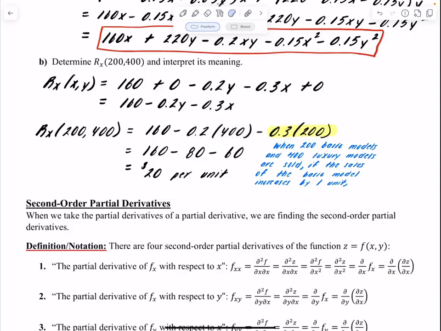And put it there. And the sales of the luxury model stays the same.